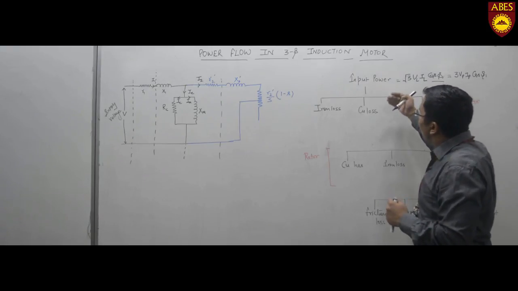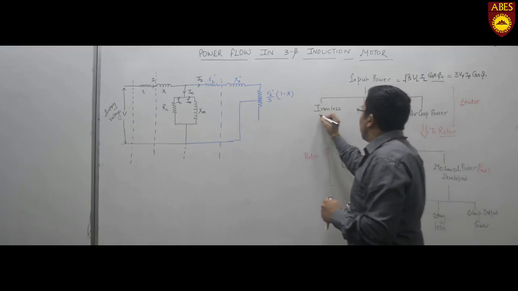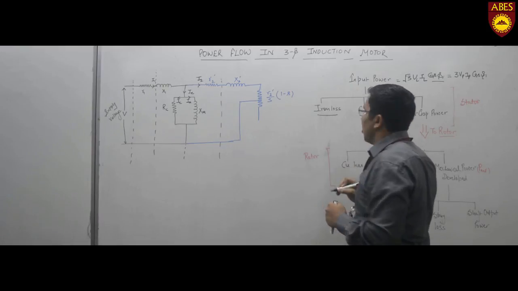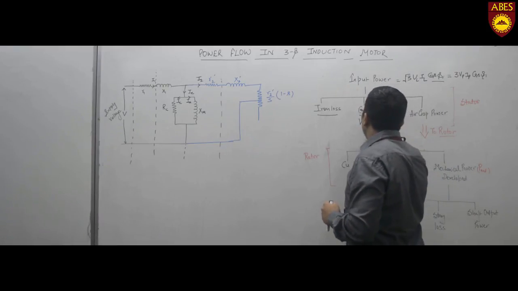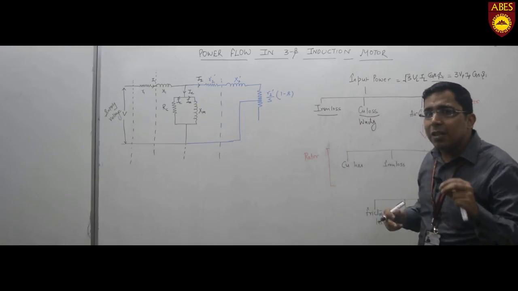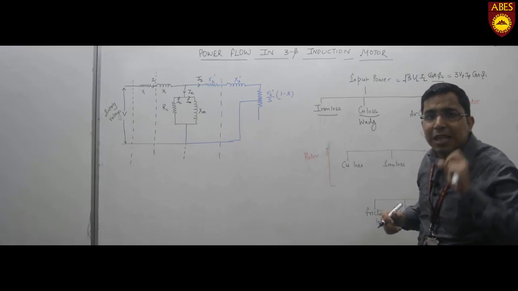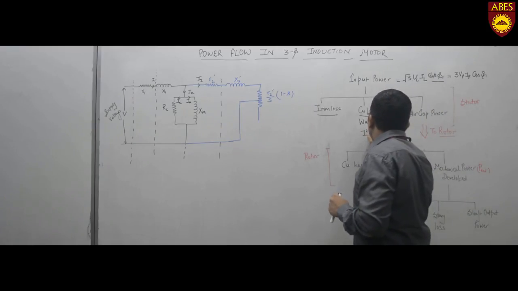Moreover, when the power is given to the stator, it suffers iron loss and copper loss. The copper loss is basically due to the winding. When current flows in the winding, the winding has some resistance, due to which there is an I square R loss.